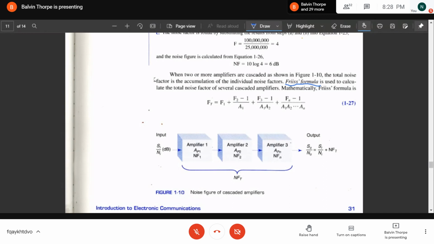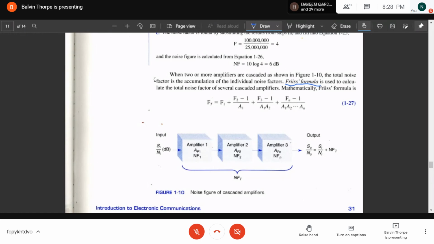And it continues as the number of cascading networks increases. As it increases, the formula is going to be the same: F1 plus F2 minus 1 over A1, plus F3 minus 1, plus F4 minus 1, over, instead of A1 now, it's going to be A1 A2 A3.